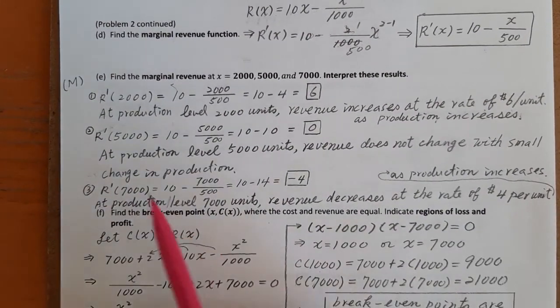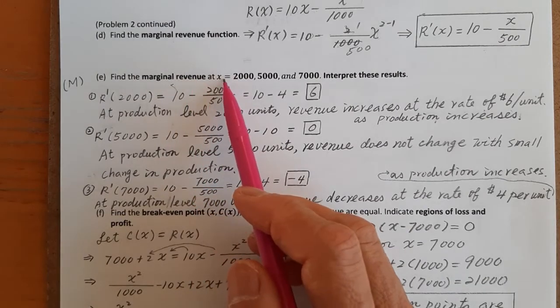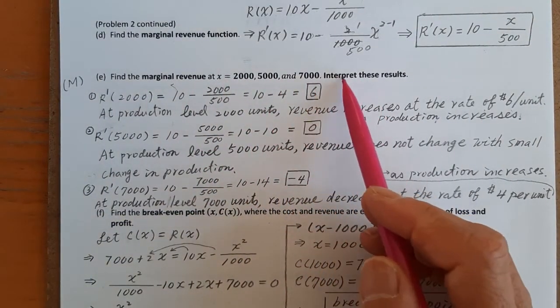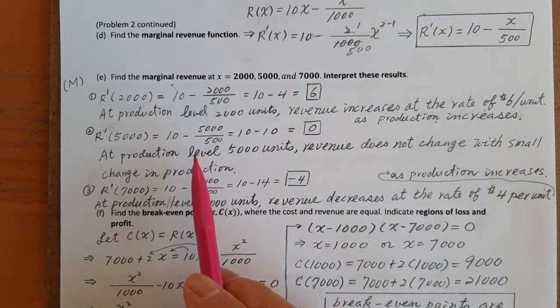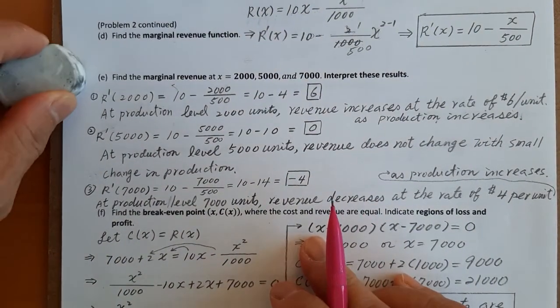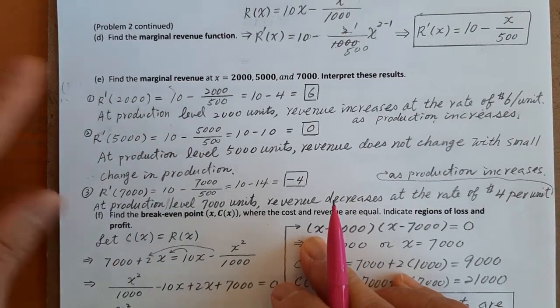And find the marginal revenue at x equal 2,000, 5,000, 7,000. Interpret these results. So we will find R prime of 2,000. R prime, take first derivative.